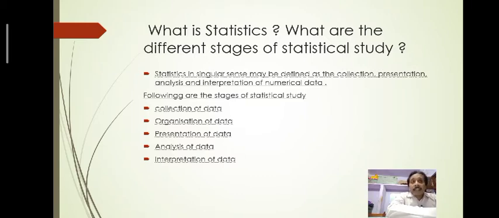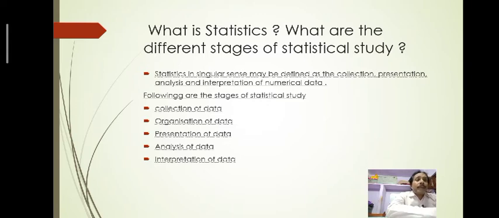So after classification, the data is presented in some suitable manner so that it can be explained in a proper way. So the data should be presented in a proper manner, means either in the text, in the table, diagram or graphs. Next is the analysis of data.